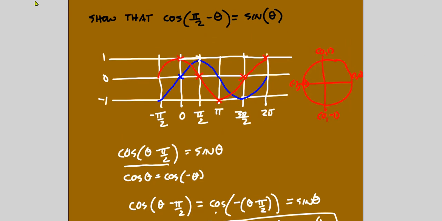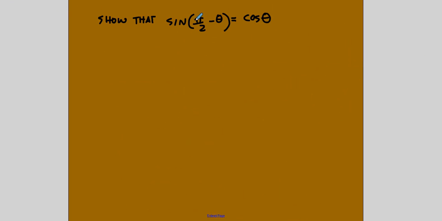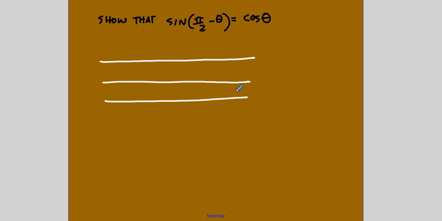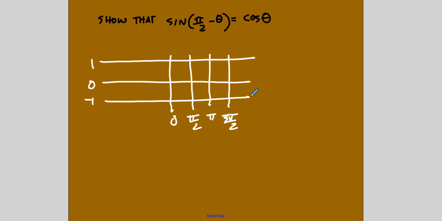So let's now go to sine of pi over 2 minus theta equals cosine theta. So again, let's draw a quick sketch of sine and cosine. That's 0, pi over 2, pi, 3 pi over 2, 2 pi, and I'll just go back to negative pi over 2.